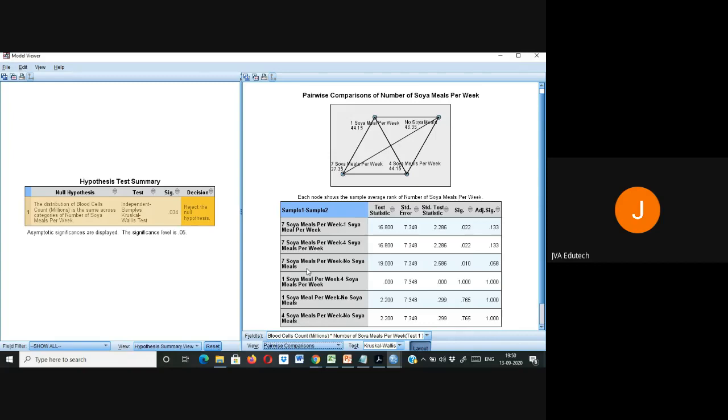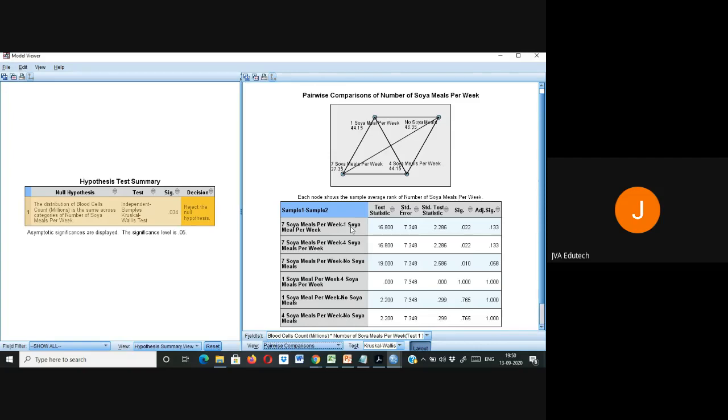But when it comes to individual comparison of 7 soya meals, 4 soya meals, 1 soya meal, no soya meal, then you can say that if the person is either fed on no soya meal or fed on 1 soya meal as compared to 7 soya meals, there will exist a significant difference. Are you getting my point? Yes, sir. So this clearly tells you that the lower the soya meals, the higher the blood count.